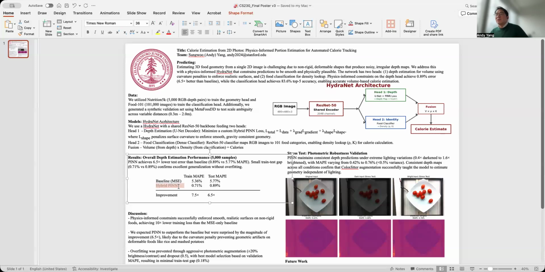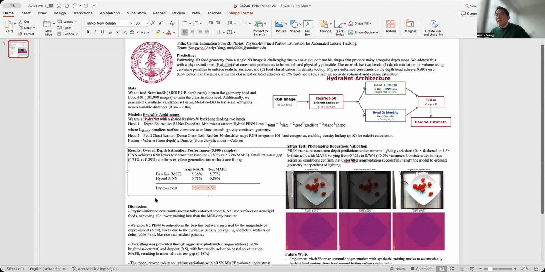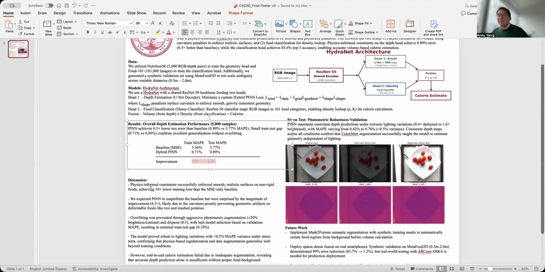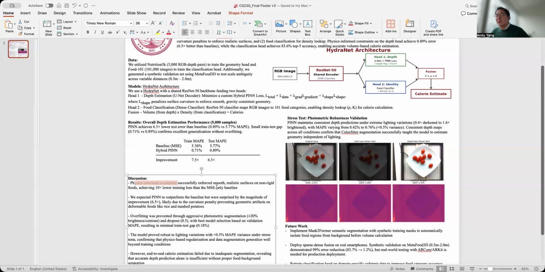With the added constraint, it gives a significantly improved MAPE with 0.71%, and test MAPE is 0.89%. So the improvement is a seven multiplier, the 7x and 6.5x. Based on these, the physics-informed constraint successfully enforces the realistic surface to the non-rigid food, achieving quite an improvement.